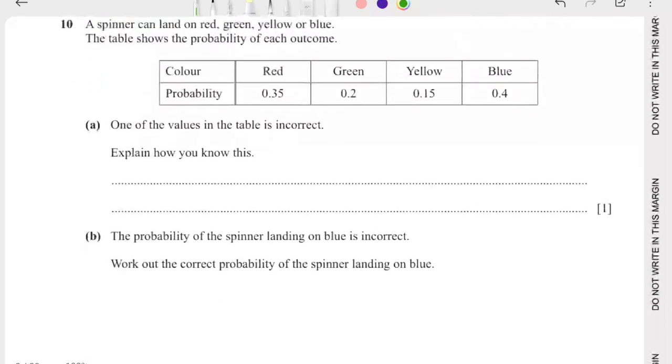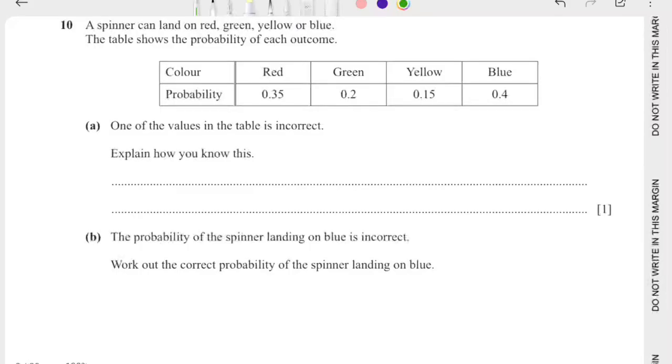Next question. A spinner can land on red, green, yellow or blue. The table shows the probability of each color. One of the values in the table is incorrect. Explain how you will know this one. So first of all, we are going to make the total of all 4 categories. It would be 0.35, 0.2, 0.15 and 0.40.